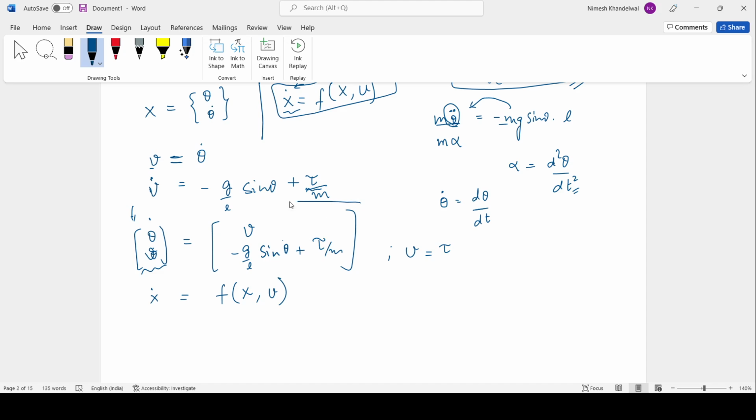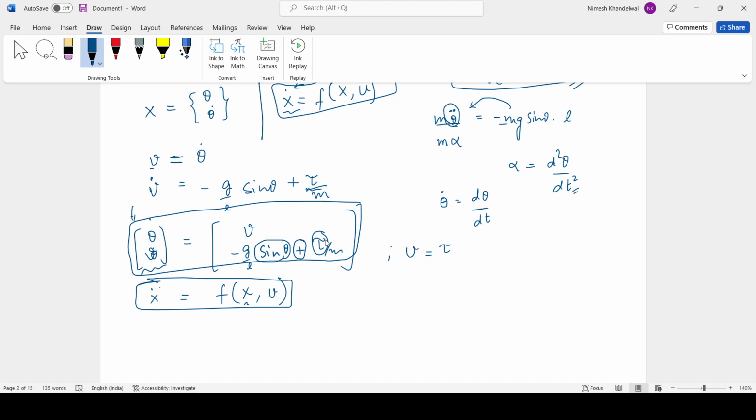This equation now is of the general form that we have been seeing. But there is one more structure here to the problem. You can see this whole term is non-linear in theta, that is why it is non-linear in x, but it is linear in my control.